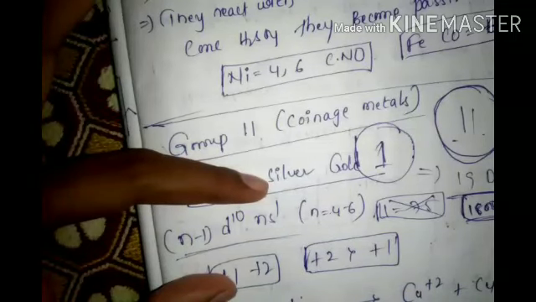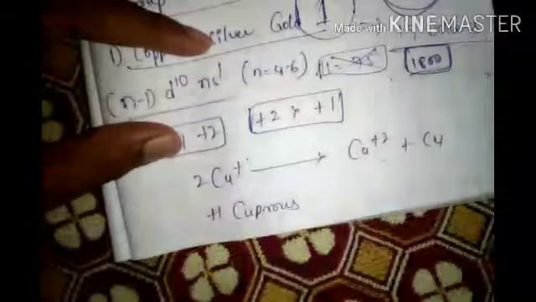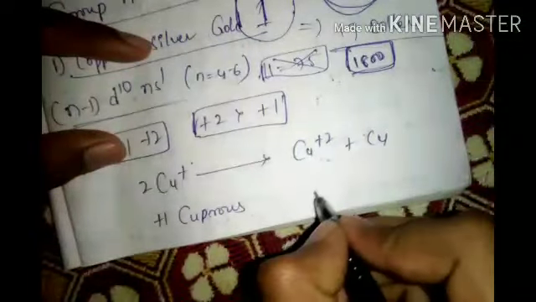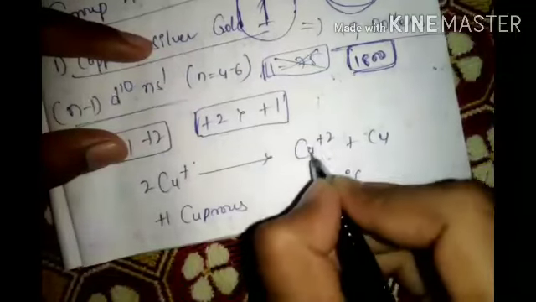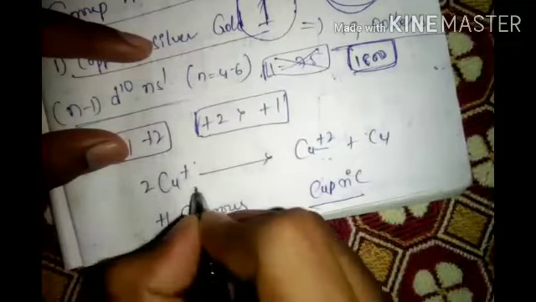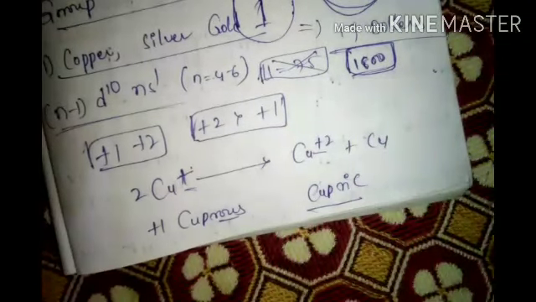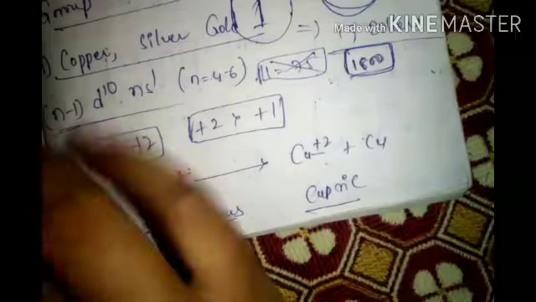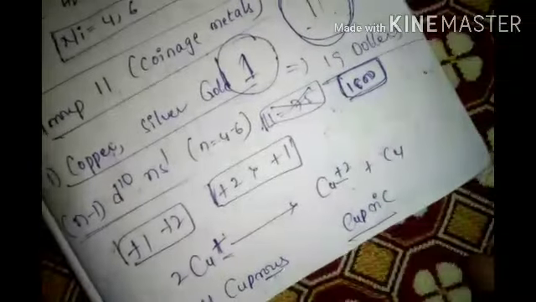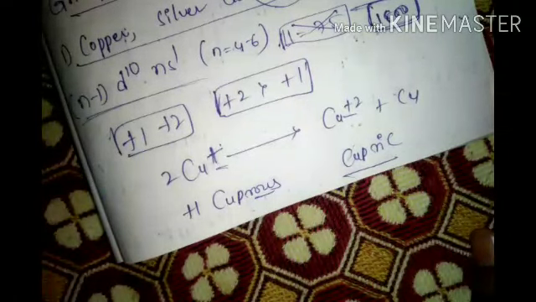I will write the spelling: cuprous, cupric. Ric means 2, rus means 1. Cupric 2, cuprous 1. Okay, these are both the oxidation states.